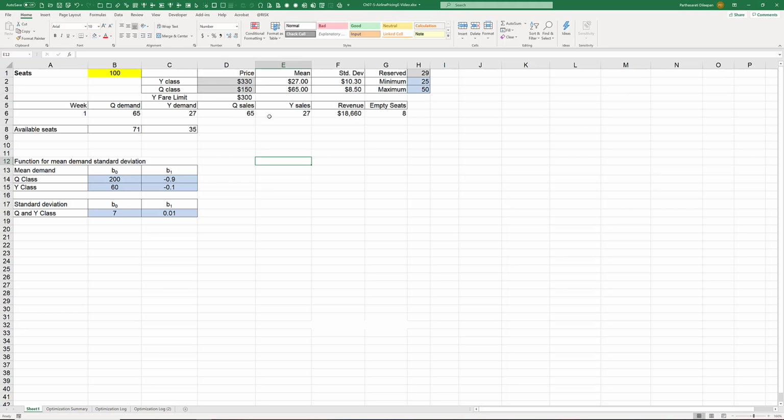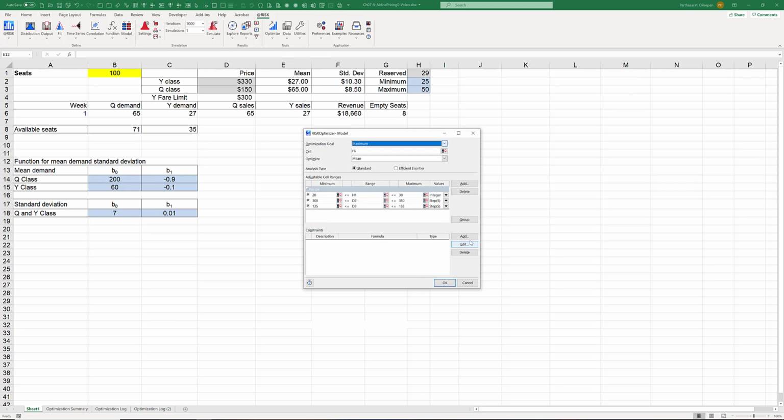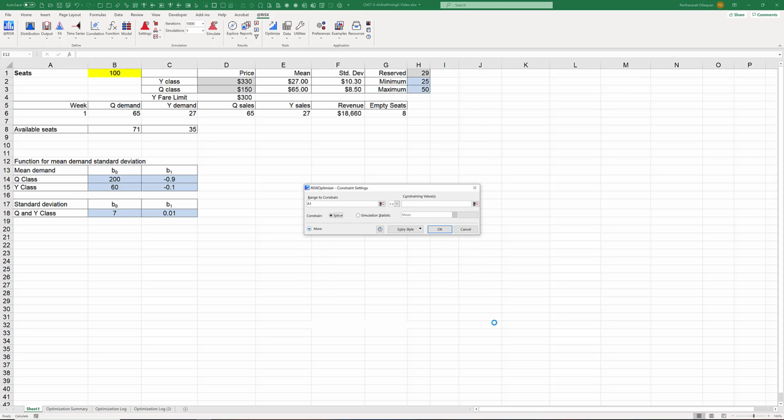You go back into the optimize model settings. Now you click add, and the range constraint.